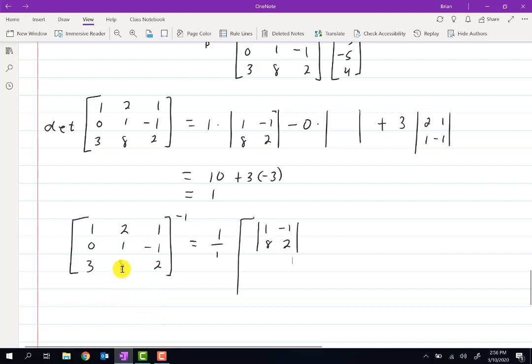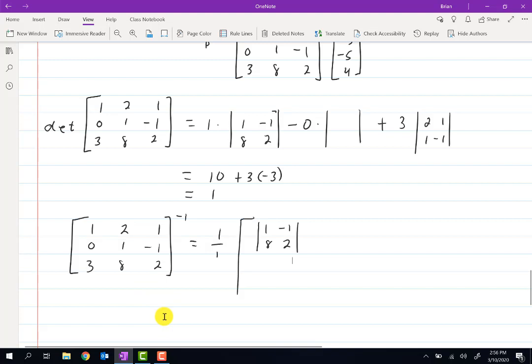And then in the next spot here, this here is position 1, 2. What we want over here is position really 2, 1. So let's go to 2, 1, which is the 0, right? And do the same thing, cross its row and cross its column, and you're left with 2, 1 and 8, 2.